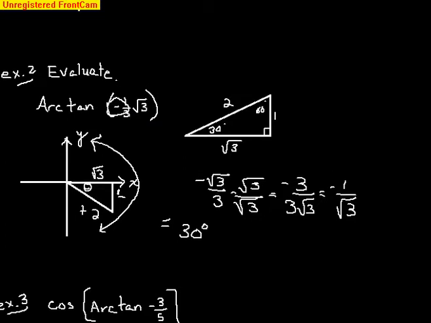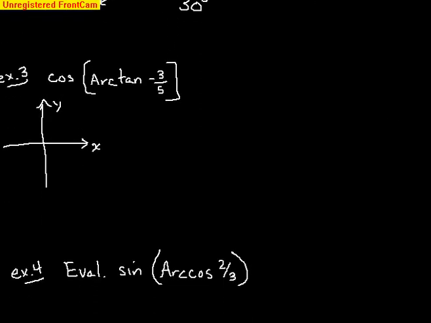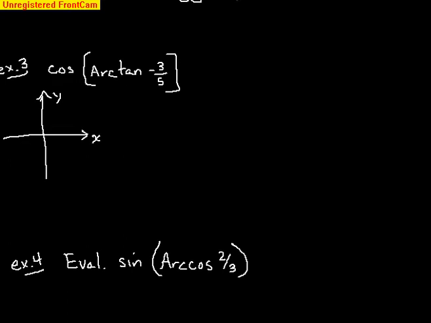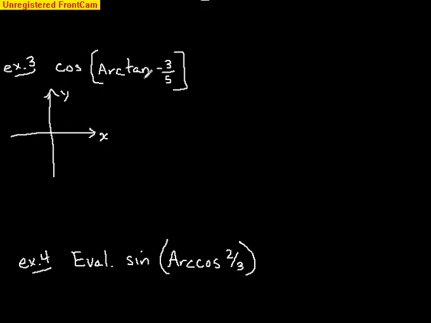Okay, here's where it gets a little dicey. This one is: find the cosine of the arctangent of -3 over 5. So they want you to find the cosine of an angle whose sides are -3, 5. On these, do the inside part first. We're going to set this triangle up.